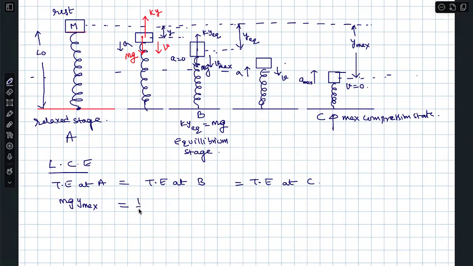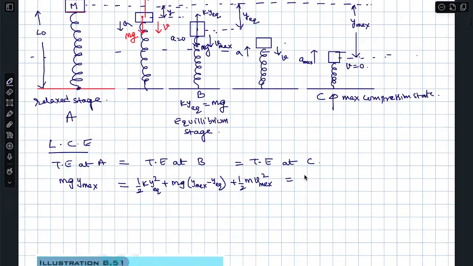One is half k y equilibrium square, plus there is gravitational potential energy: y max minus y equilibrium, because that is where your height is, plus half m v maximum square.